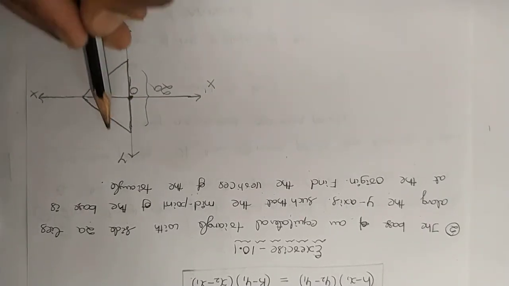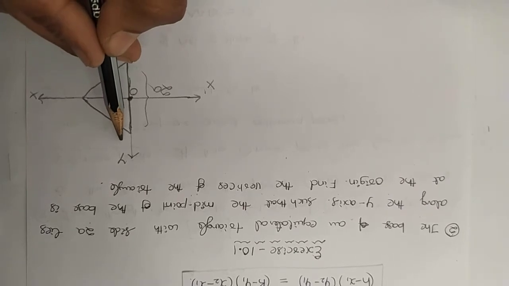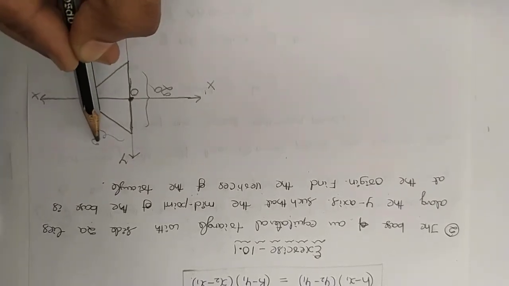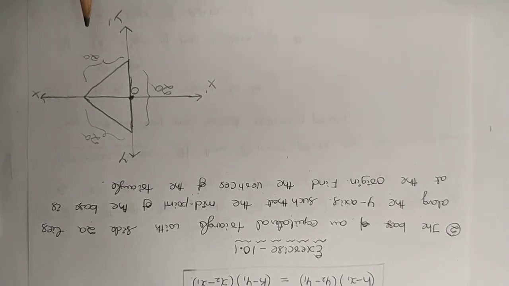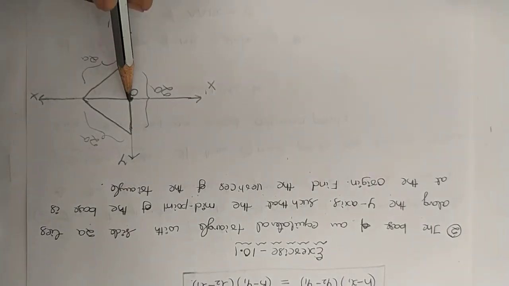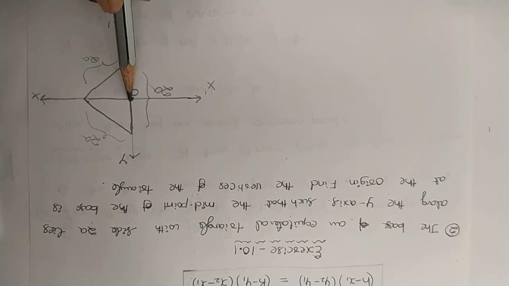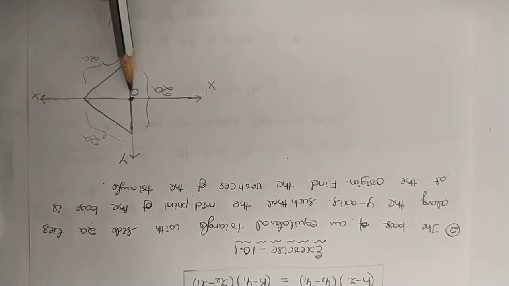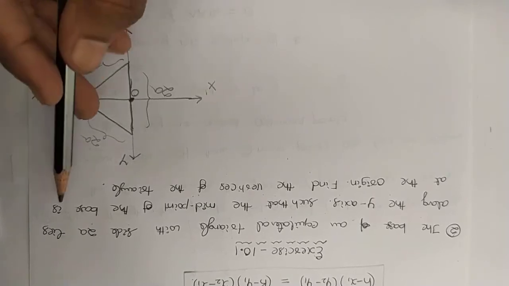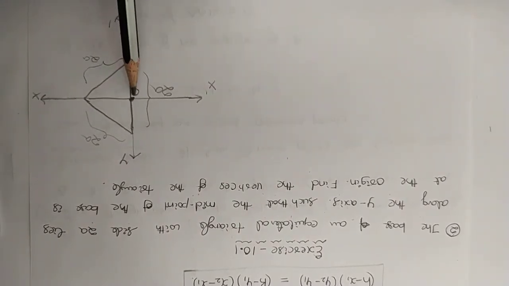If this side is 2a, it is an equilateral triangle. Then this side is also 2a and this side is also 2a, isn't it? Along the y-axis such that the midpoint is what? Origin. The midpoint of the base is at the origin.